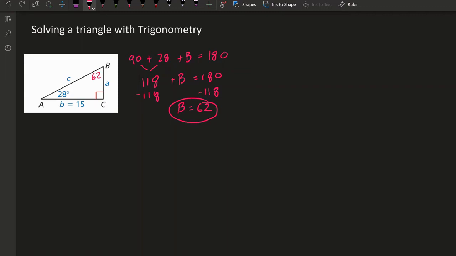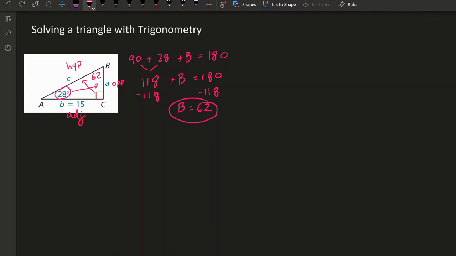So now I've got that missing information. Now the sides are a little bit trickier. So what I'm going to do is take this angle right here, 28, and I'm going to look at the sides around it. So directly across from 28 is A, so that means A is the opposite. Directly across from the 90 degree angle, that's the hypotenuse, which means that B is the adjacent.